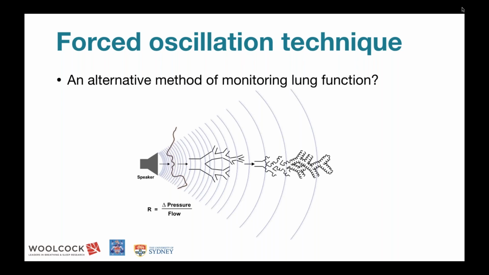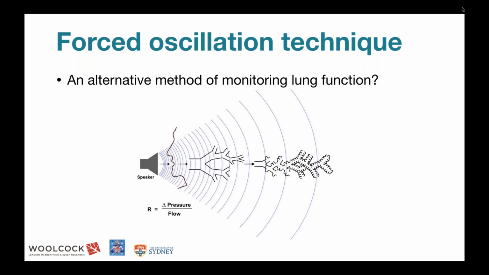The pressure oscillations enter the lung, and the response is flow. So we know what the pressure going in is, we measure that, and we can measure the response, the flow.